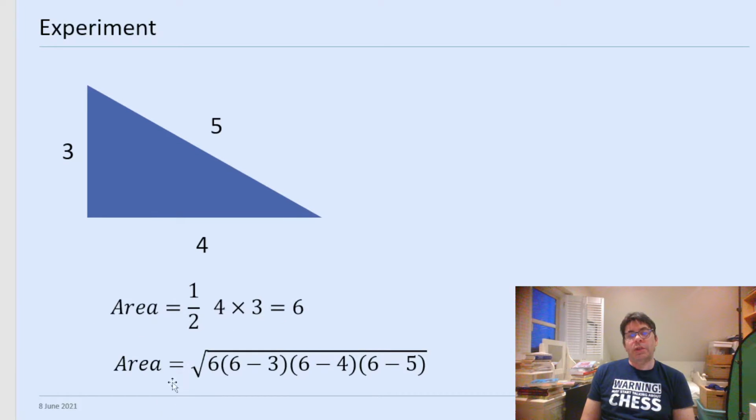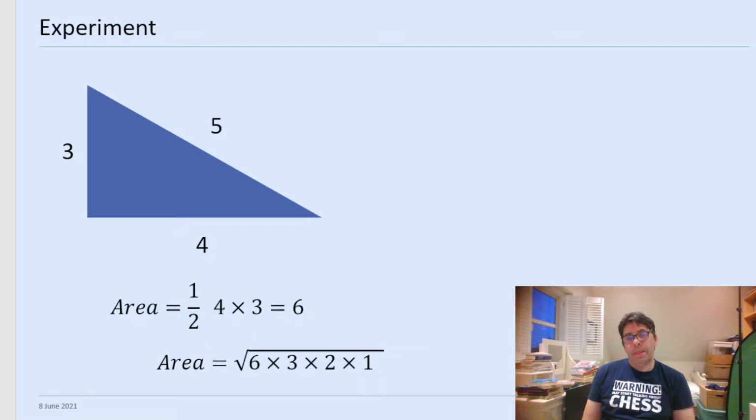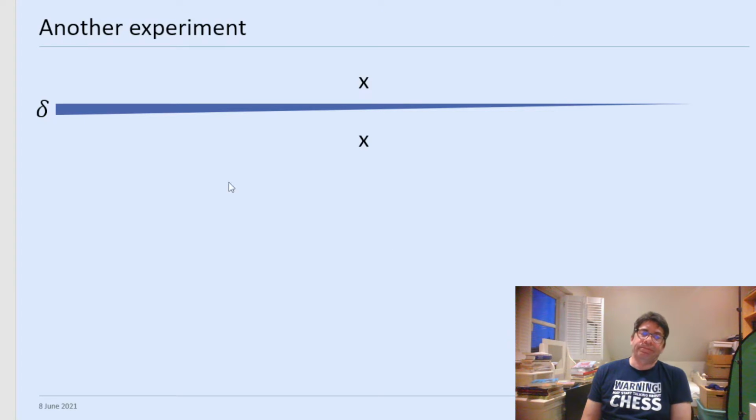So then we've got to work out the square root of 6 times (6 minus 3) times (6 minus 4) times (6 minus 5). That's 6 times 3 times 2 times 1, the square root of 36, which is also 6. That is a happy result. It's good to apply it to make sure we understand it, and it's reassuring we get the same answer with both formulae.